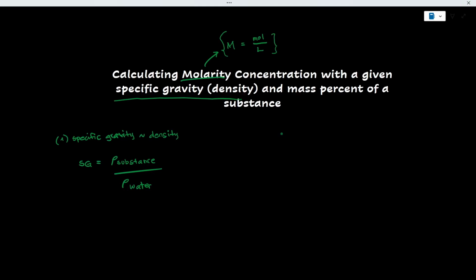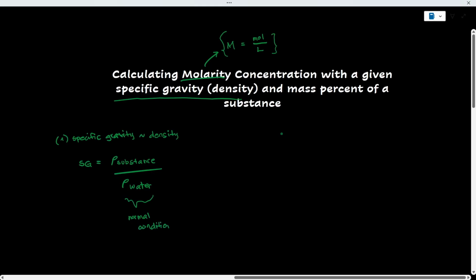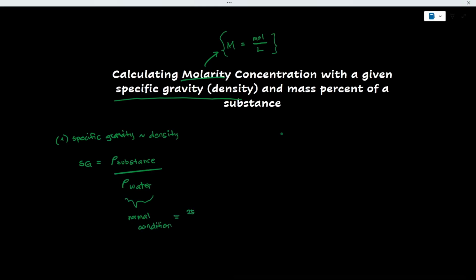The density of water at normal condition, meaning the usual condition, usually 25 degrees Celsius at 1 atm pressure, is approximately 0.997 g per ml.